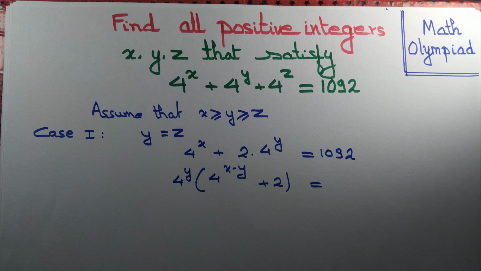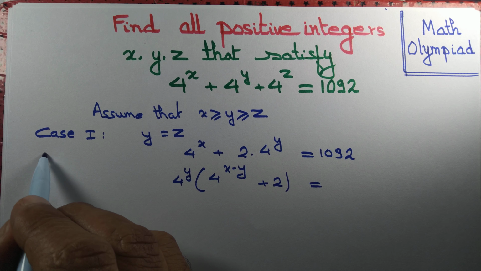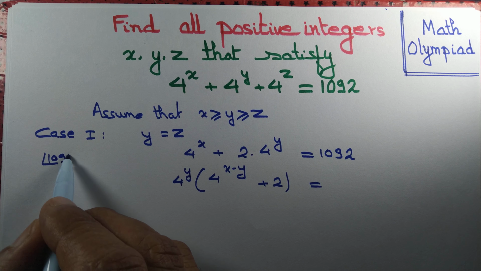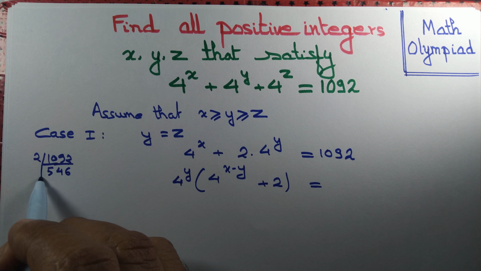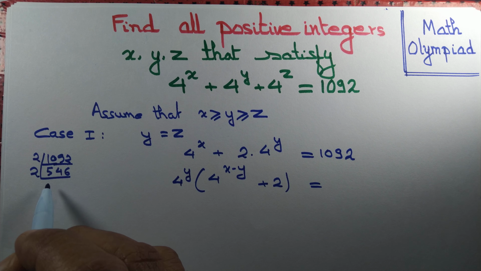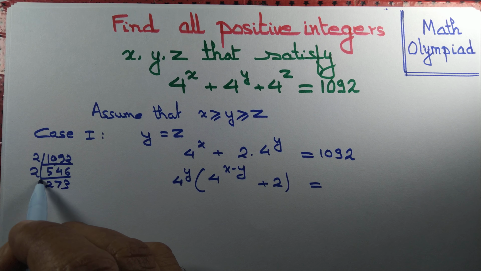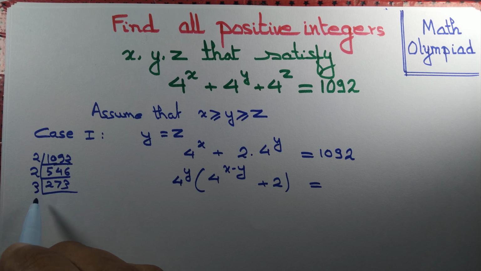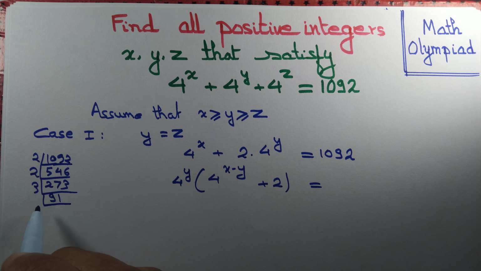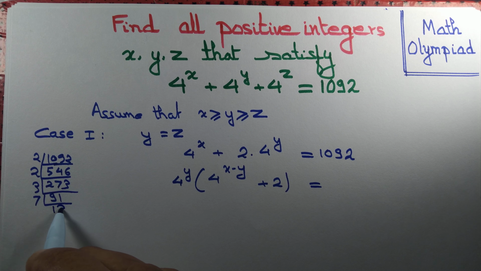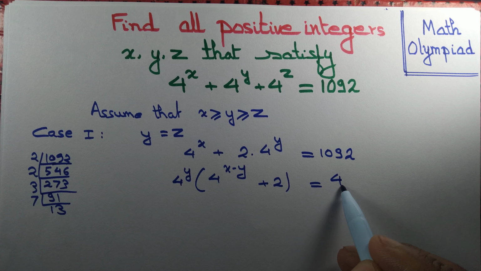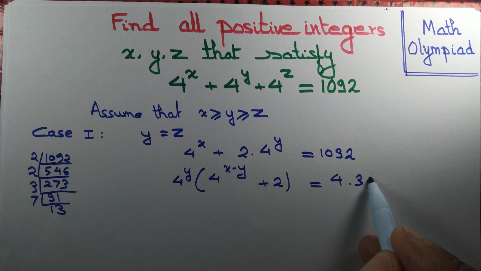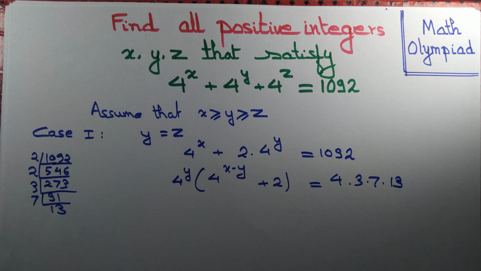Let's factorize 1092. 1092 equals 2 times 546, equals 2 times 2 times 273, equals 3 times 91, and that's 7 times 13. So this can be written as 4 times 3 times 7 times 13.